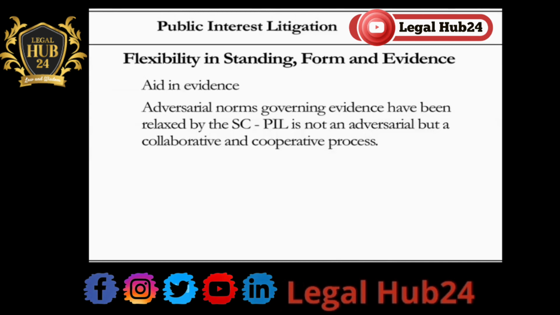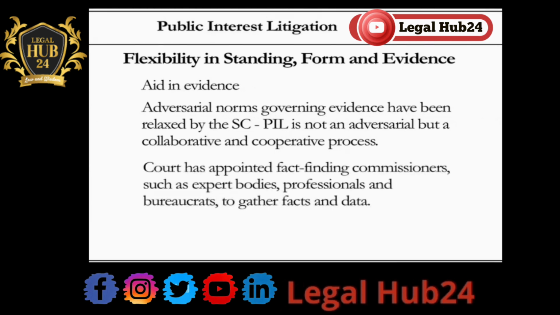Conscious that fundamental rights and human rights would be rendered illusory by a passive attitude, the court has appointed fact-finding commissioners such as expert bodies, professionals, and bureaucrats to gather facts and data. The commissioner's report furnishes prima facie evidence of the facts and data. The court retains the discretion to determine the extent of its reliance upon the report.